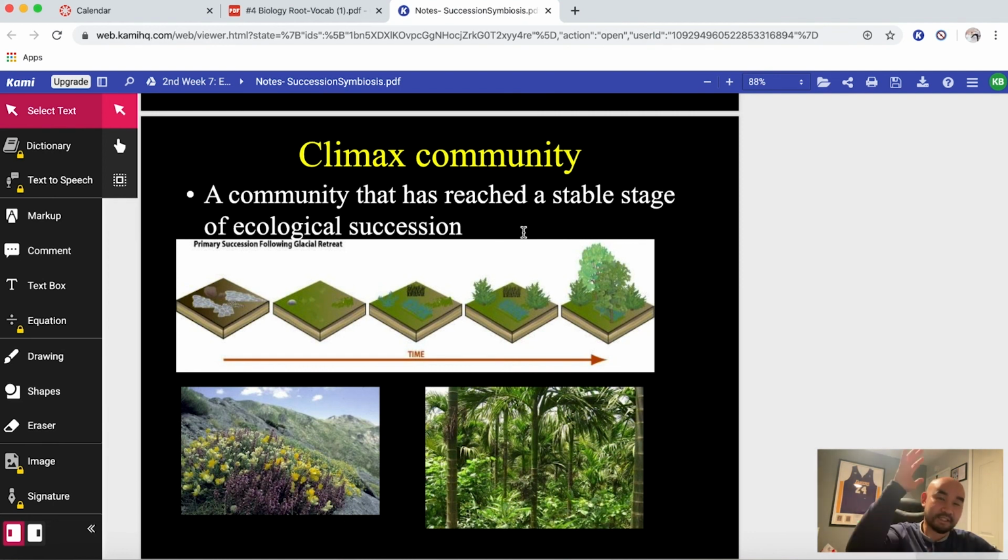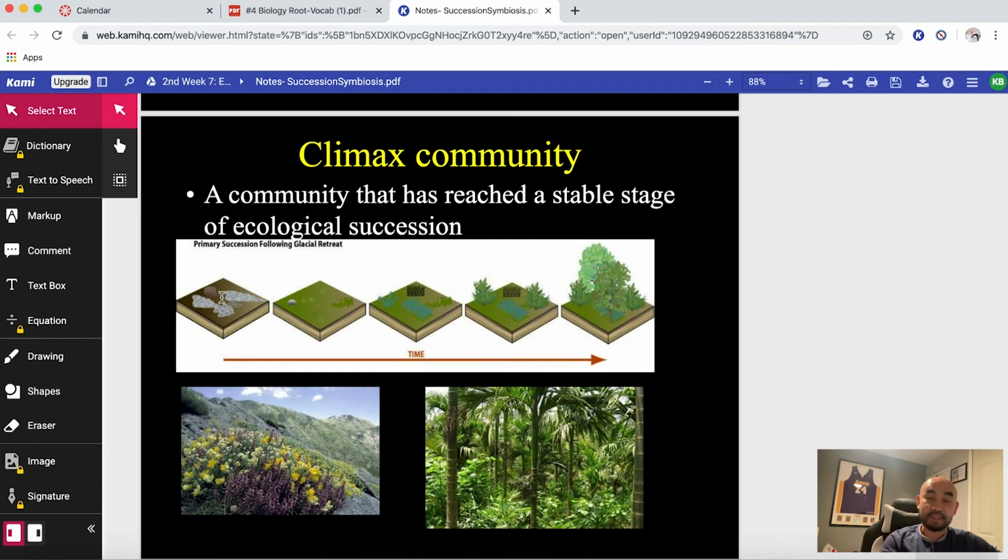The peak, the climax of a movie, right? A climax community is where the community has reached a maximum of living things. For example, you have ever been to an elevator, right? You have maximum occupancy, or a restaurant, a number of people that can enter, and that's it.